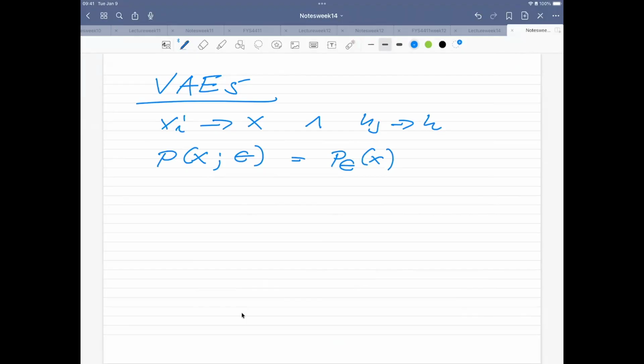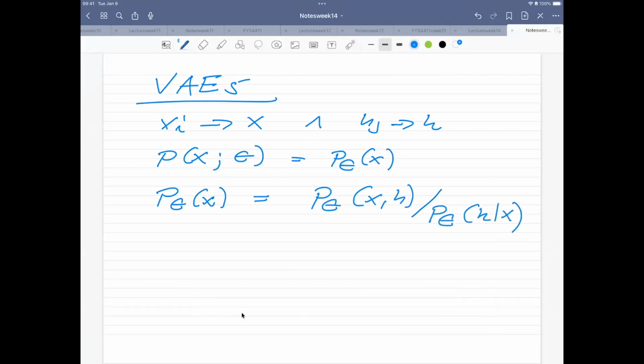And we know, if we use the product rule from statistics, that this p_theta of x can be written out as the probability of finding x and h divided by what is called the conditional probability of getting h given a value of x.